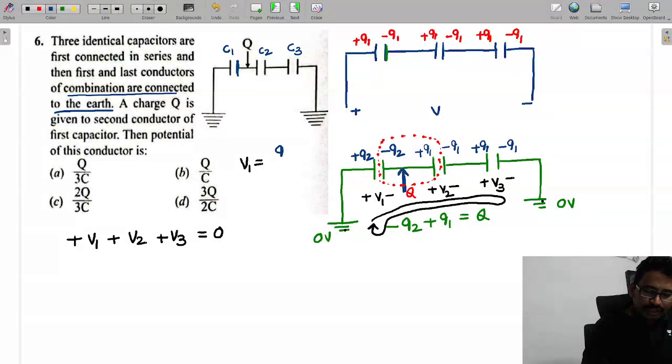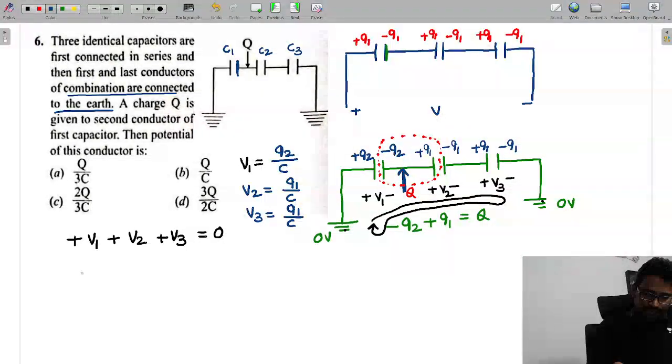So V1 is Q2 by C, since all the capacitances are equal. Next, V2: on this one the charge is Q1, so V2 is Q1 by C. And V3 is also Q1 by C.